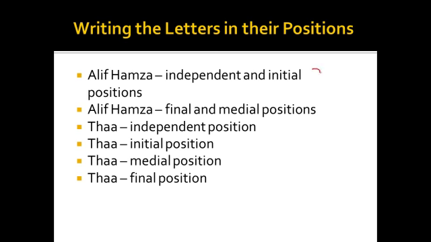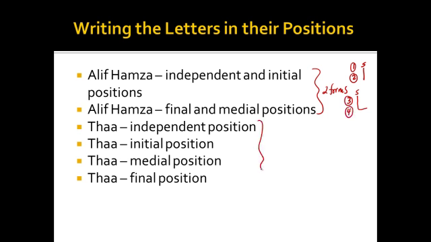So the Alif Hamza here, it has two forms out of the four positions, and it looks like this. An Alif, and then we just write the Hamza on top, that squiggly line on top. And this is positions 1 and 2, independent and initial positions. And then the other form here is connecting and comes up and looks like that. And it's the third, the medial, and the fourth, final positions.